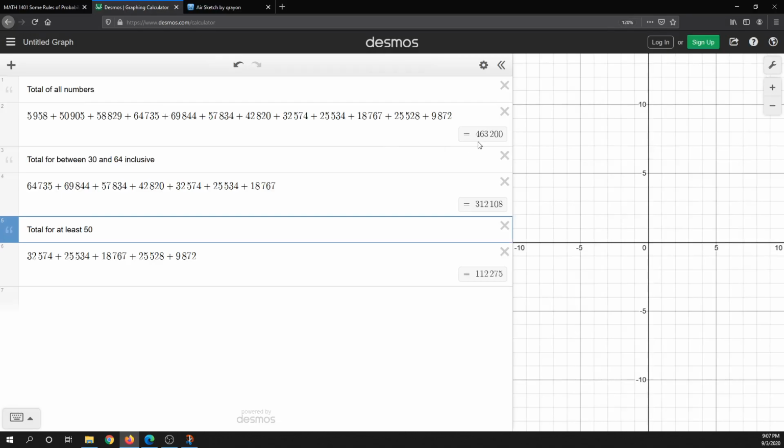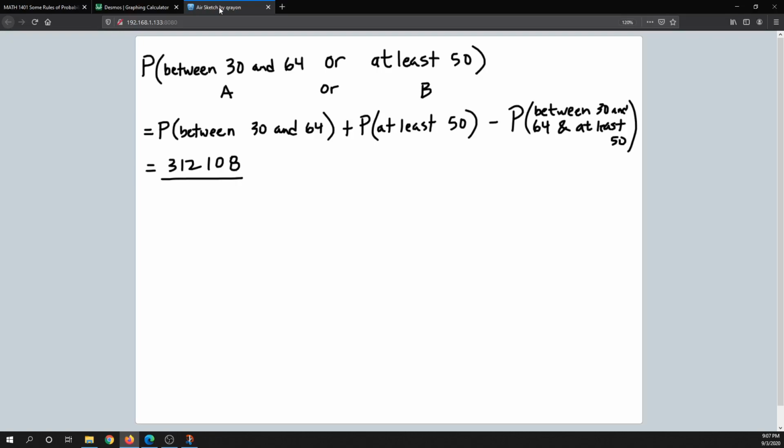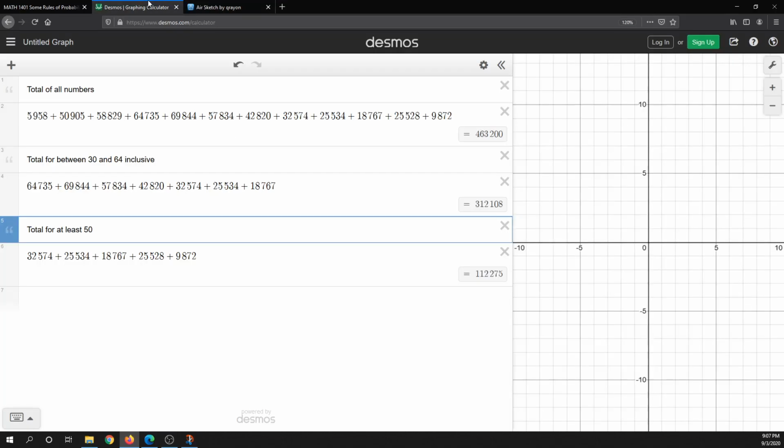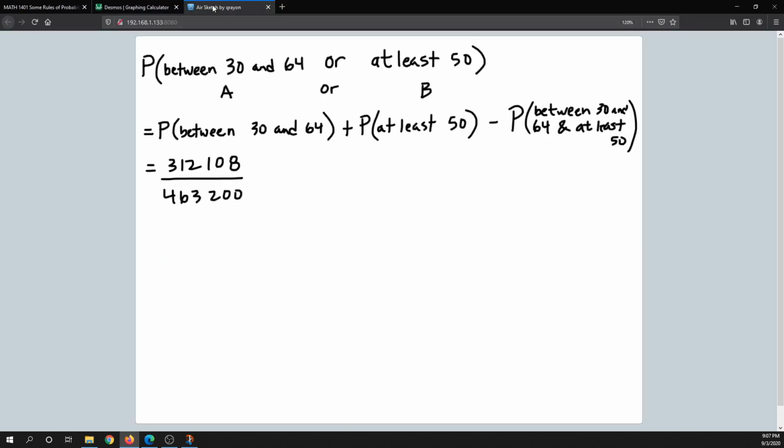And that comes out to be 463,200. So that is going to be the number that goes on the bottom, 463,200. Let me just double check those. 312,108, that looks good. 463,200, that looks good as well. So there's our probability.